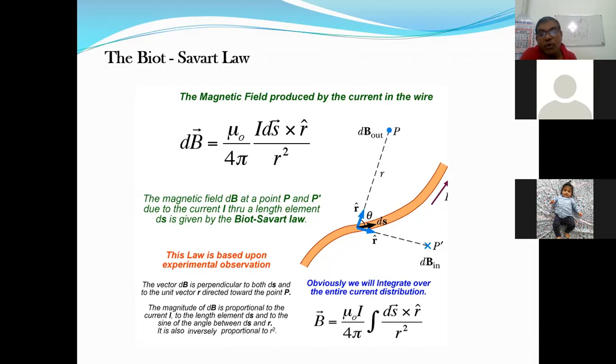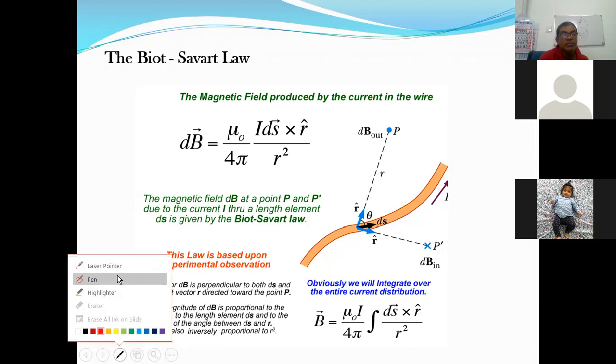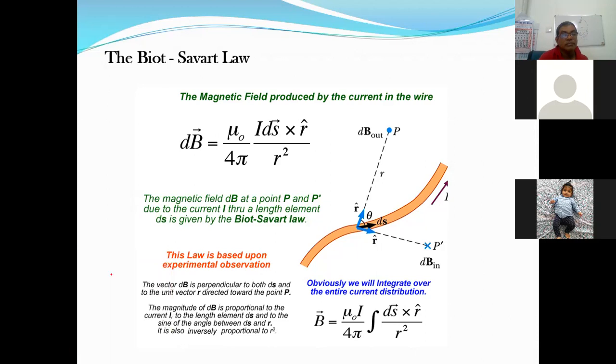Then we want to find the magnetic field at P. We want to find the magnetic field here, and this is our current carrying conductor. There we are selecting the small element ds.